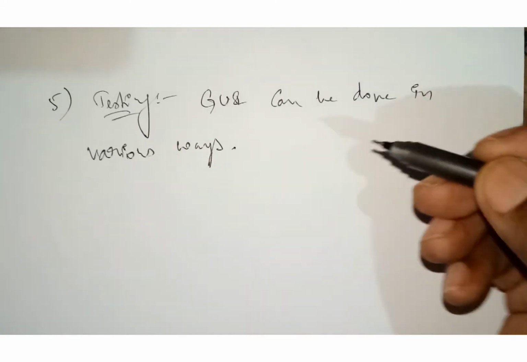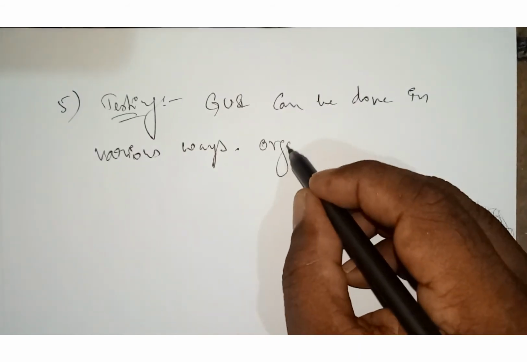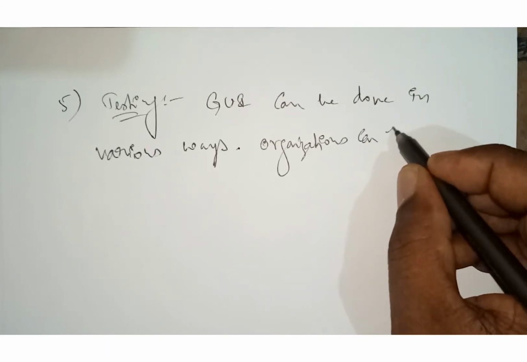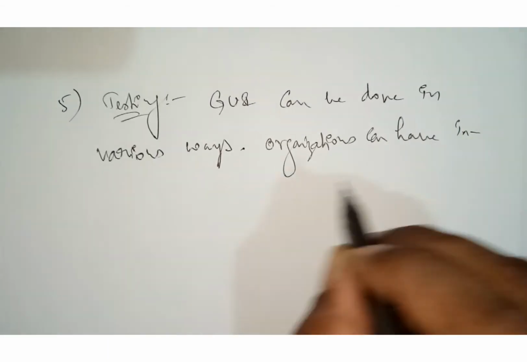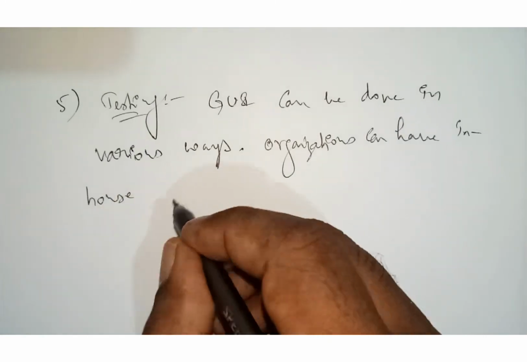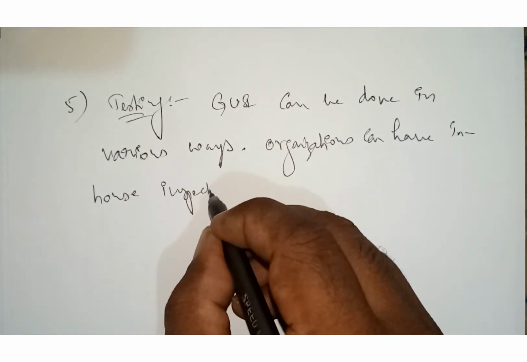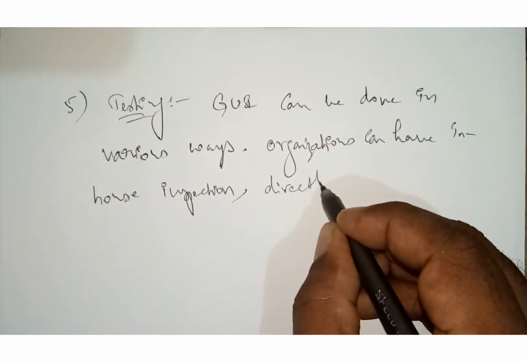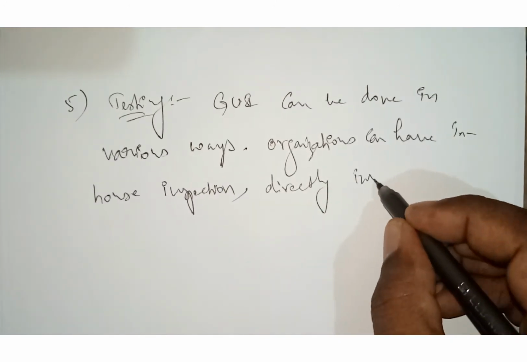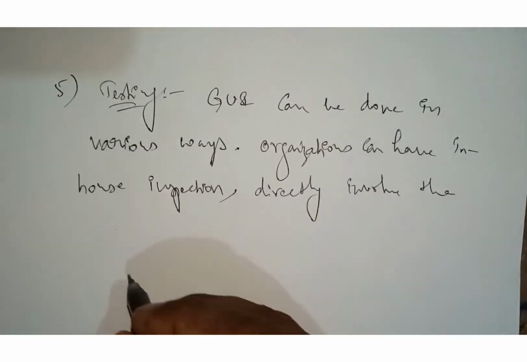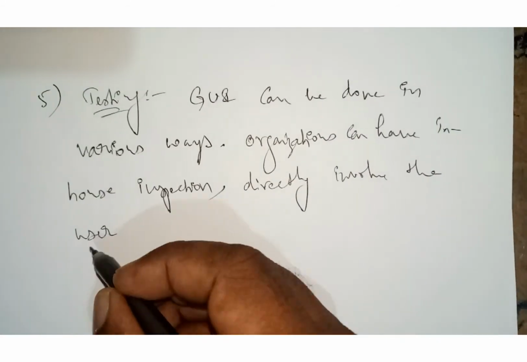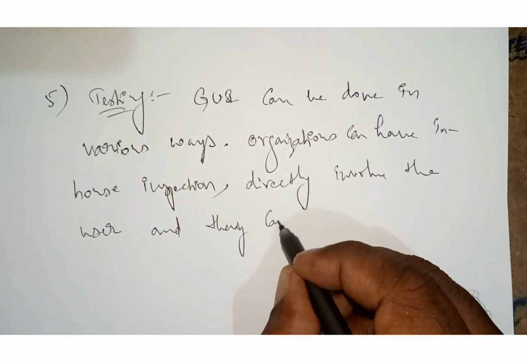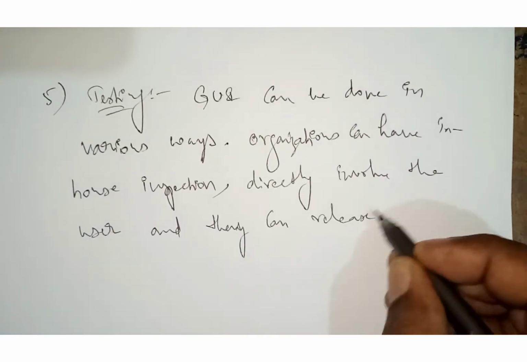Organizations can have in-house inspection, or they can directly involve the users, and they can release the beta version.